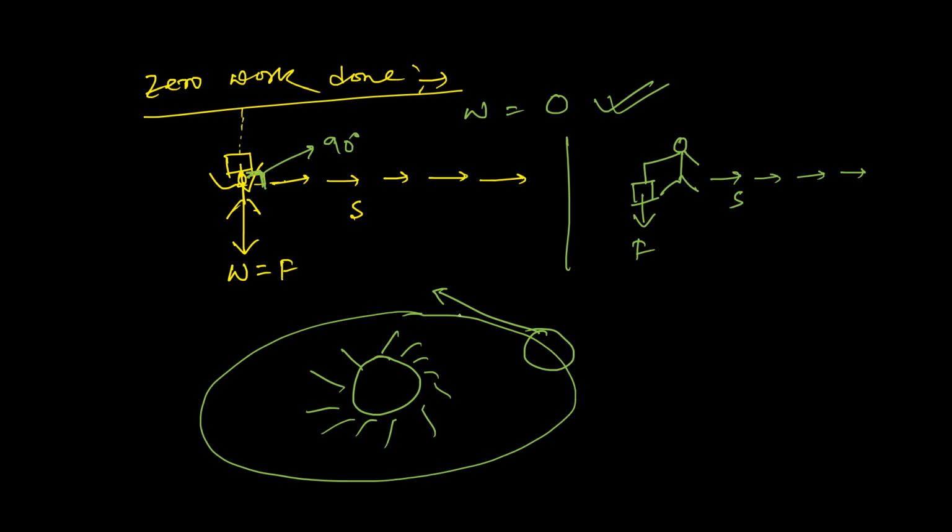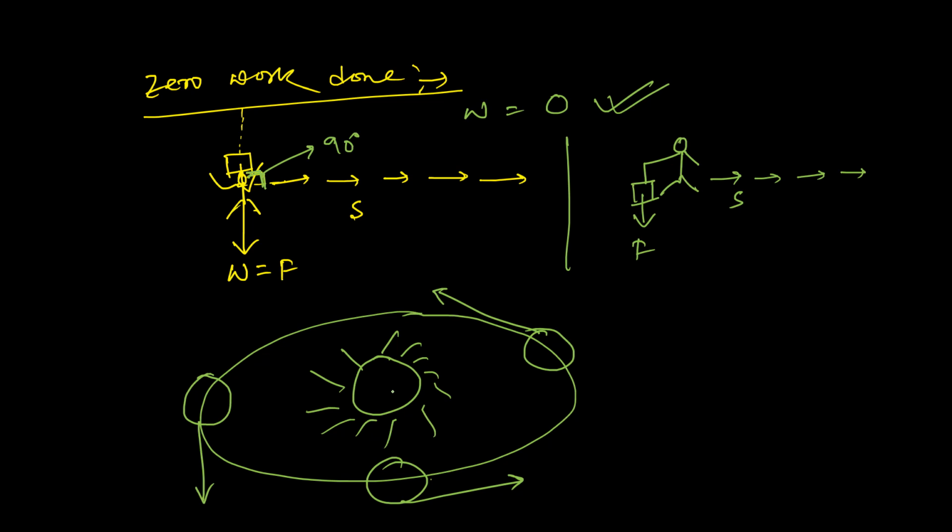At any instant of time, if you want to find the direction of the motion of our earth, you just have to draw a tangent with respect to its position. Suppose I am drawing this one at this point, so this is the direction of the motion. At this point, this is the direction of the motion. In this way, you can find the direction of the motion of a particular object which is moving in a circular path or in an elliptical path.